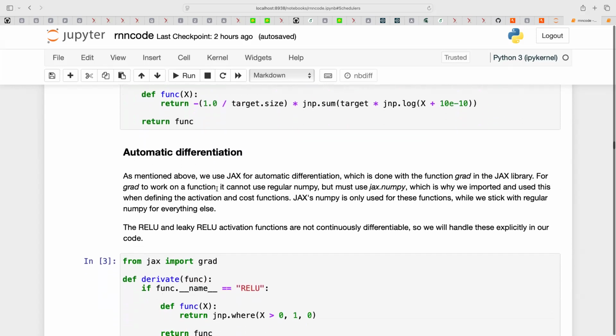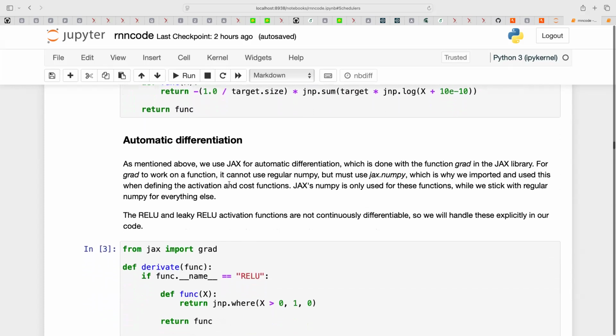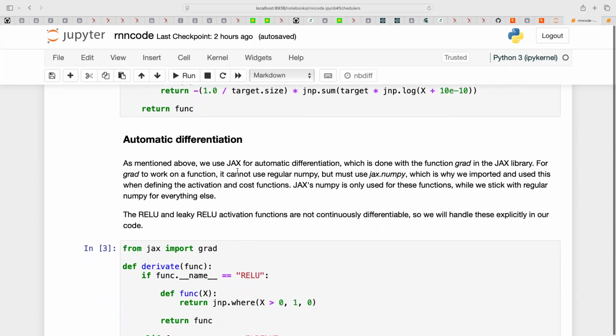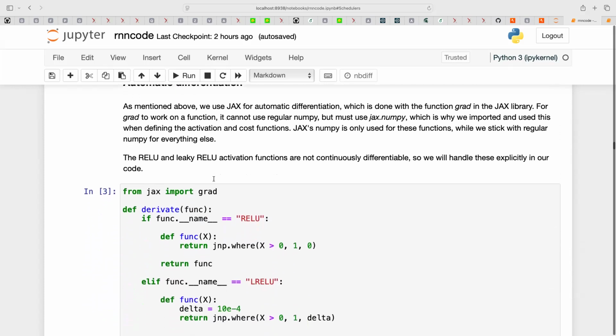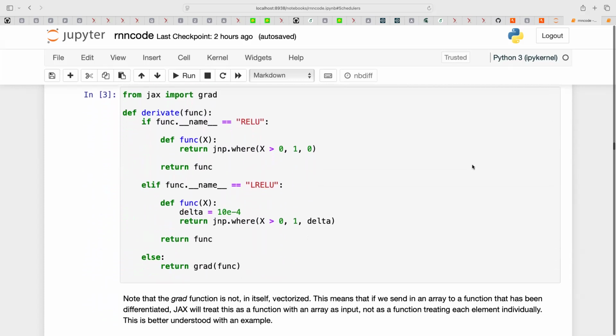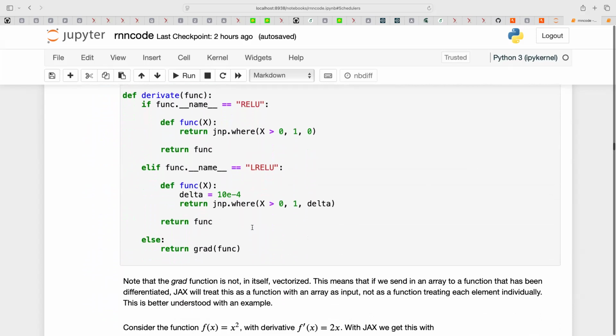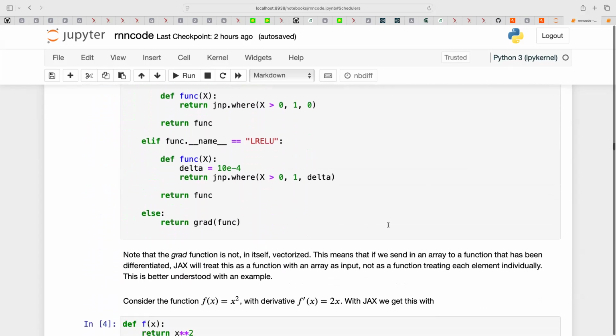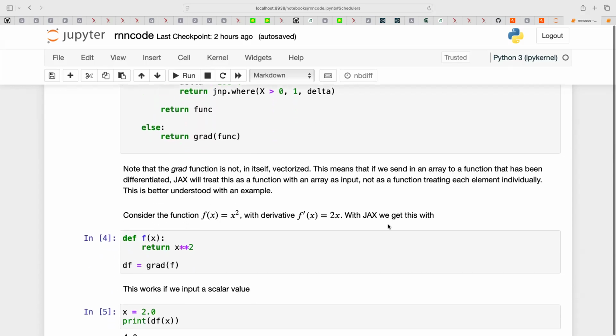Now, the thing with JAX and automatic differentiation is that JAX is extremely efficient. For the ReLU and leaky ReLU activation functions, which are not continuously differentiable, we handle this explicitly. When you look at derivatives, we typically use JAX for most cases. One thing you need to pay attention to with JAX is that the grad function is not in itself vectorized.